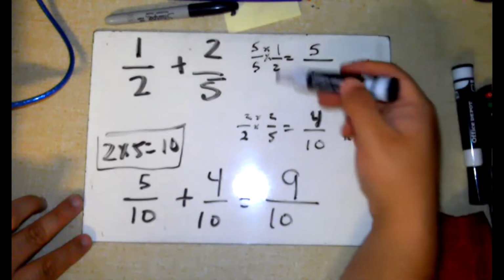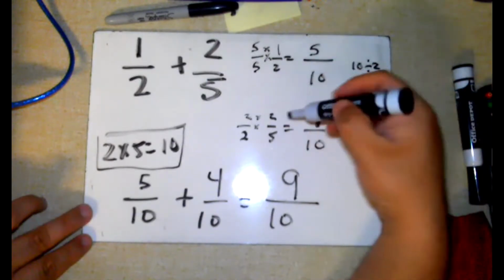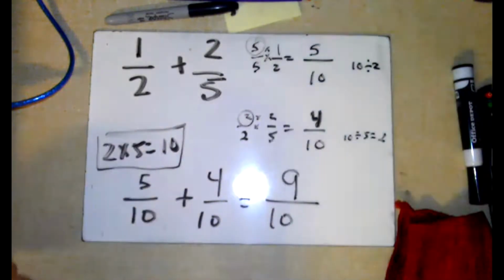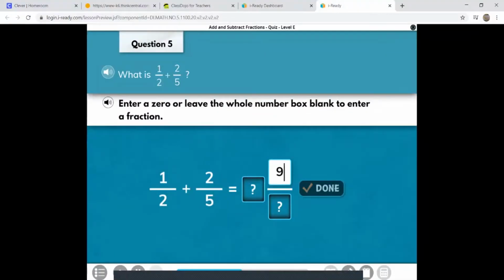Most of the time, they're going to be different factors. In this one, it was 5. In this one, it was 2. Okay. So 9/10. Let's see if we're right. 9/10. And there's no whole number.